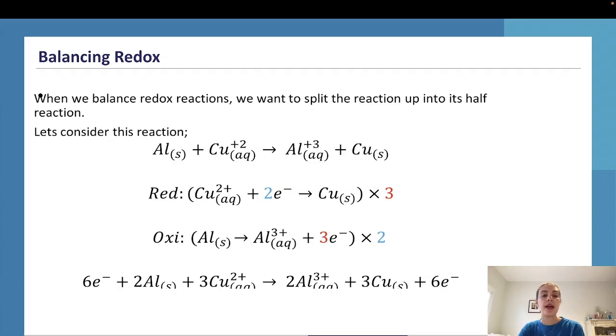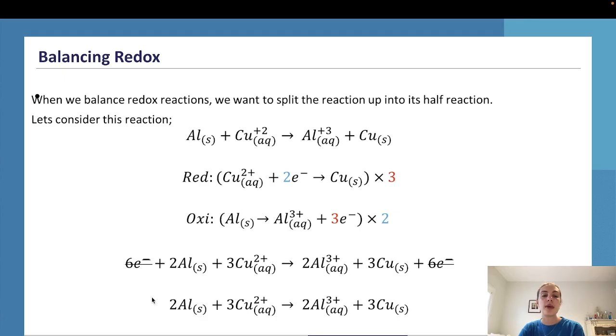And with our aluminium, we've got 2 aluminium on this side and 2 aluminium on this side, so that is balanced. Then with our copper, we've got 3 copper on this side and 3 copper on this side, so that is balanced as well.